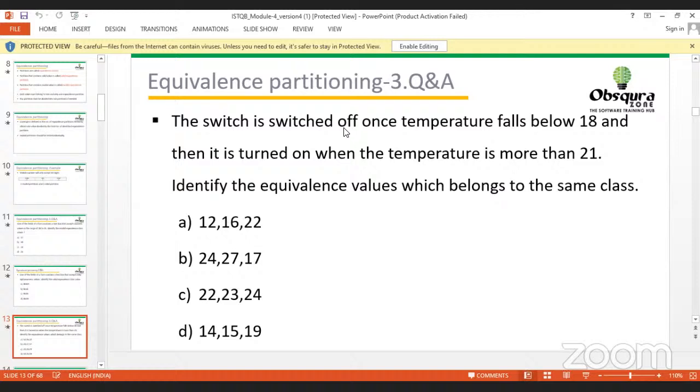Identify the equivalence classes which belong to the same class. Okay, so what will be the equivalence class that belong to same class? So values below 18 will be valid and more than 21 will be valid. But it should come under the same equivalence class also.